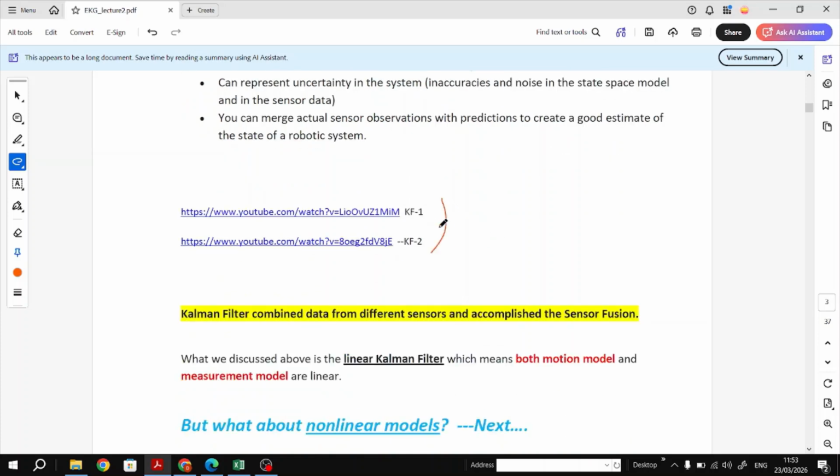There are good video tutorials. You can watch these video tutorials related to Kalman filter, and you will have more insight.